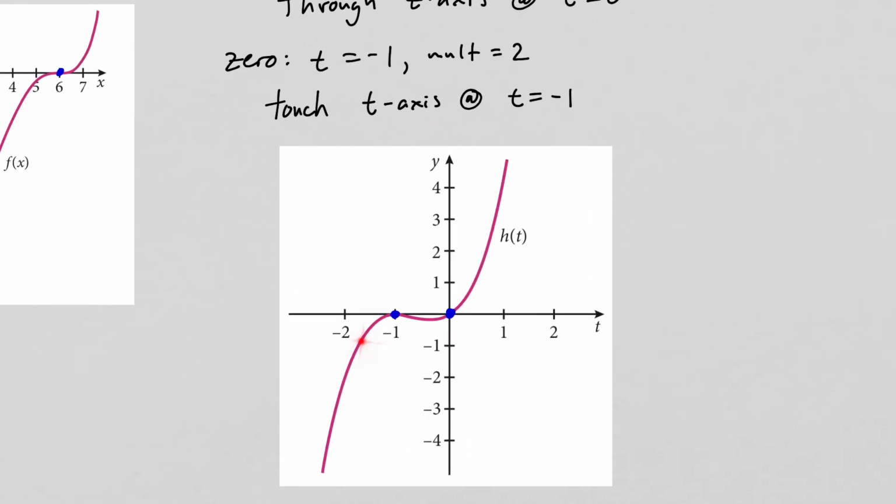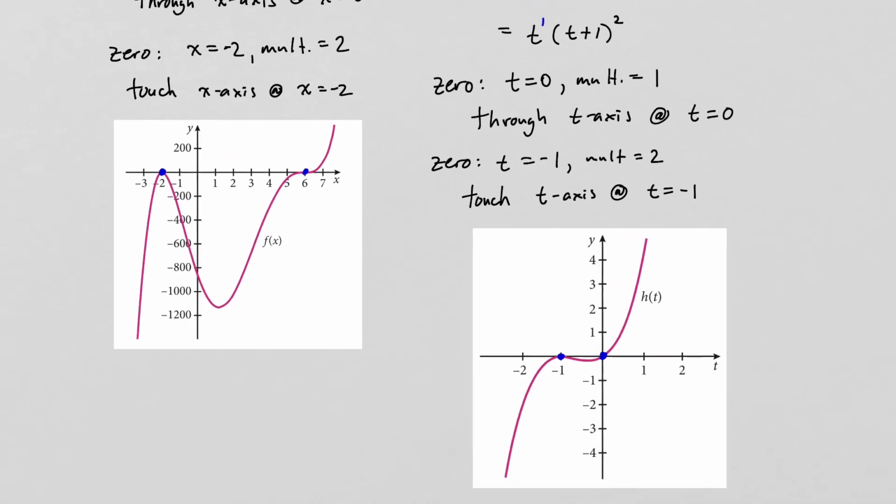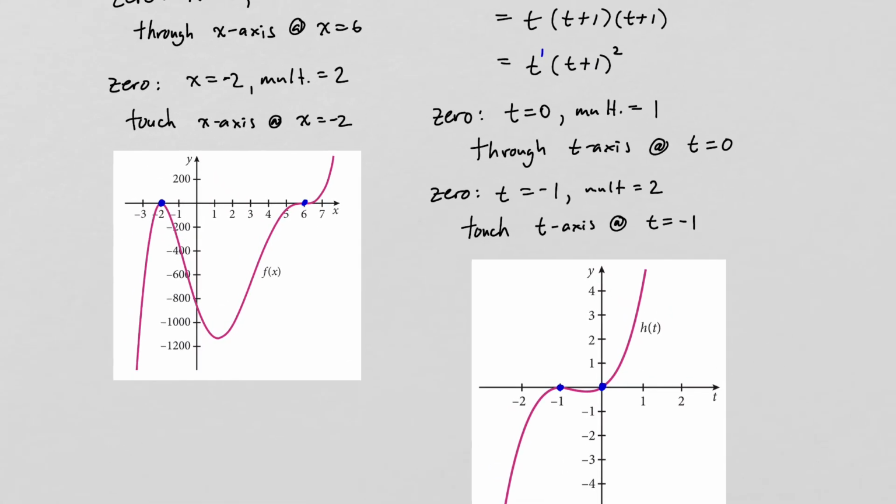The graph comes up, touches at that point, but then goes back down. So it touches here and it goes through here. So the multiplicity of the zeros or the multiplicity of the factors will tell you about the behavior at the x-intercepts.